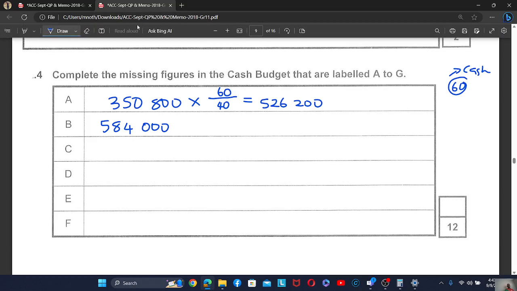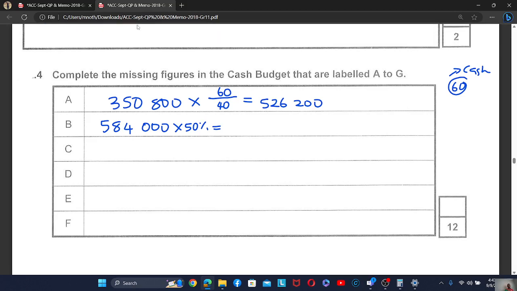So what we want is the cash purchases of November, which is times 50%. Even if we divide by 2, there's no problem. If we say times 50 over 50, is it the same answer?